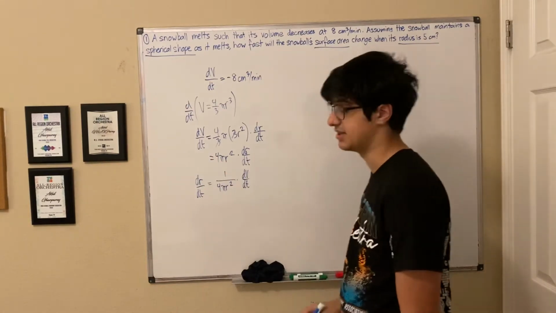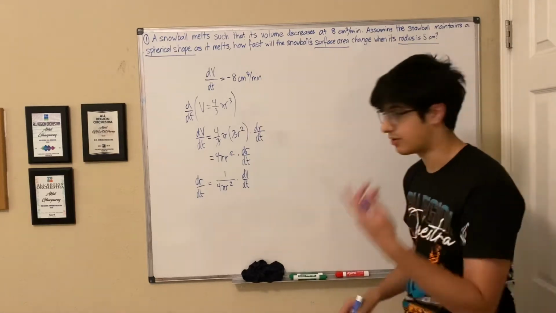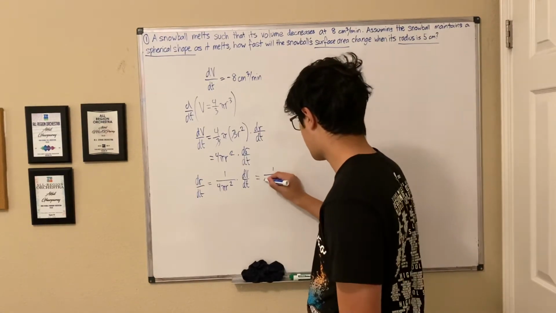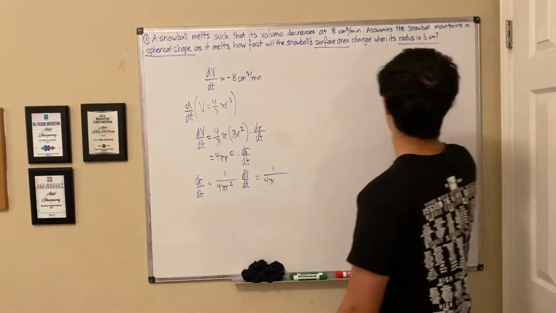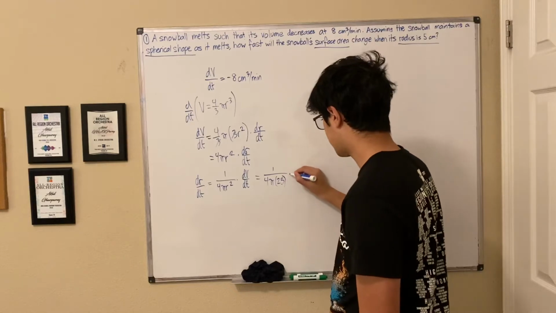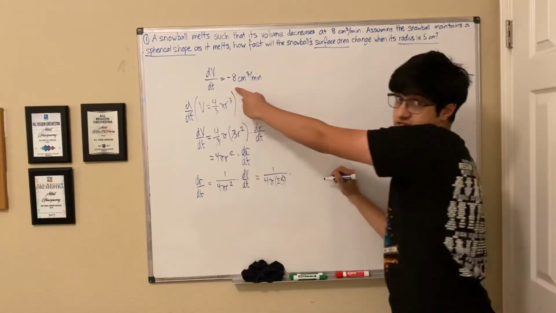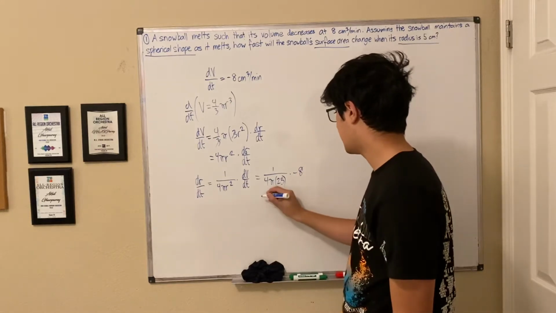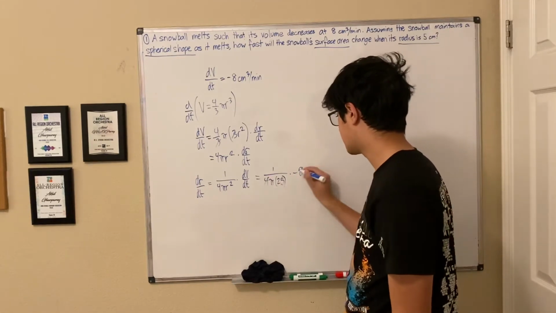dV/dt. Now all I have to do here is plug in our known quantities, and this gives us 1 over 4 pi times 25, because 5 squared is 25. Multiply that by the dV/dt, which is negative 8, so you get negative 8. And we can simplify this.